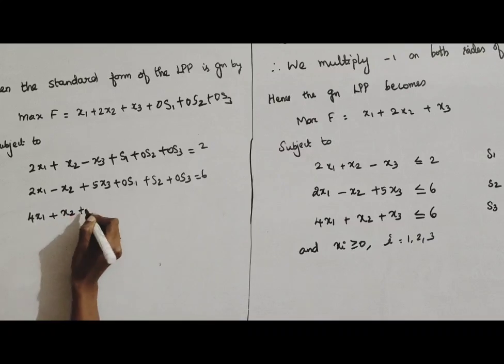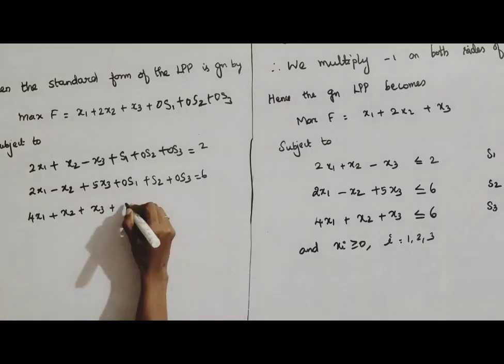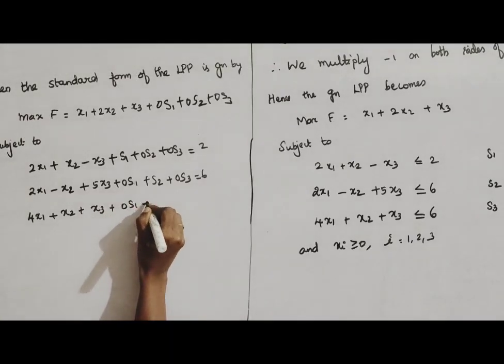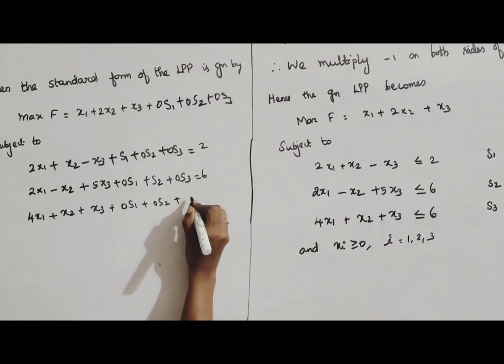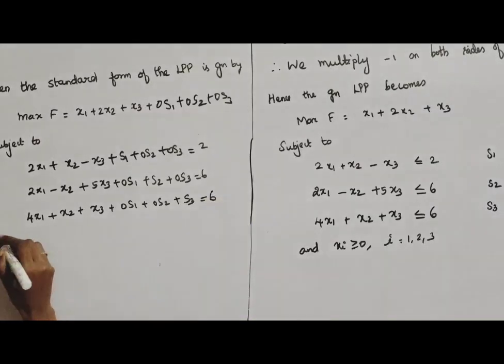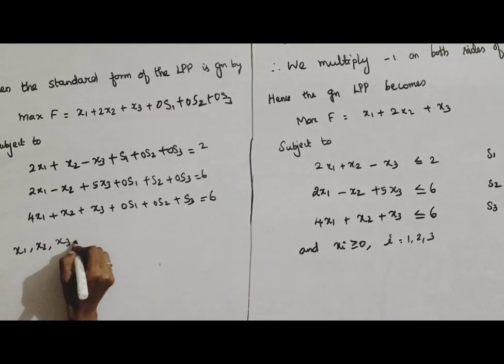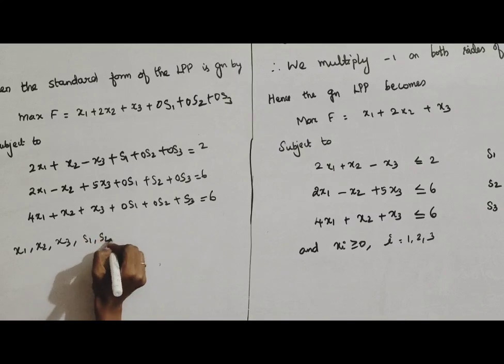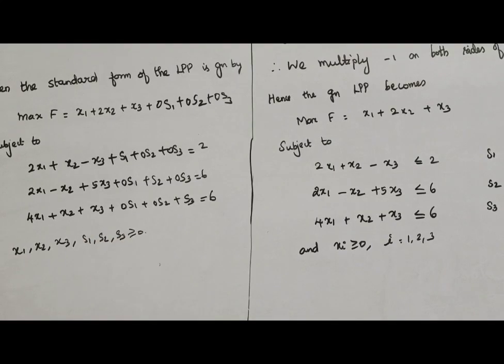Therefore, the coefficient for the slack variable S3 is 1 and for the remaining slack variables S1 and S2 it is 0, plus S3 is equal to again 6, and all the variables x1, x2, x3, S1, S2, S3 are greater than or equal to 0.